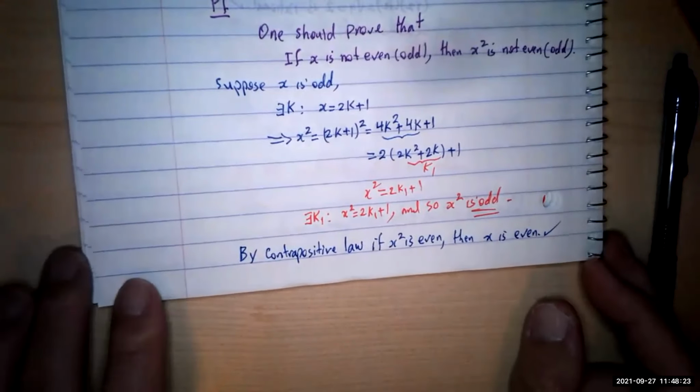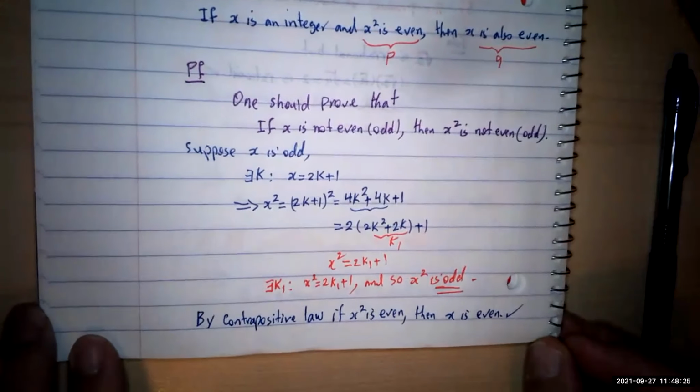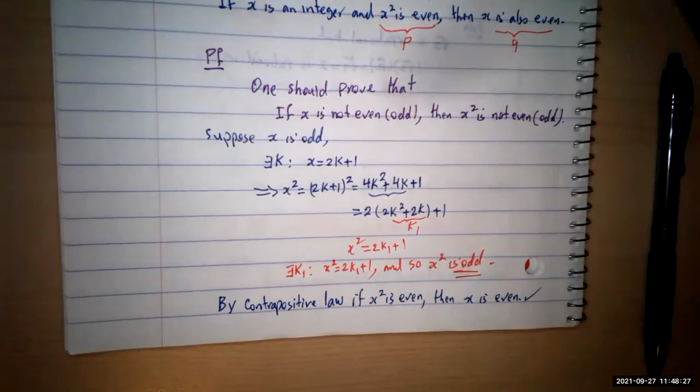So that's the way you prove these types of ideas. You have to change the given expression to its contrapositive, and then you prove the contrapositive. When you prove it, you just go back and say, by contrapositive, what I did is this: if x squared is even, then x is also even. Any question?